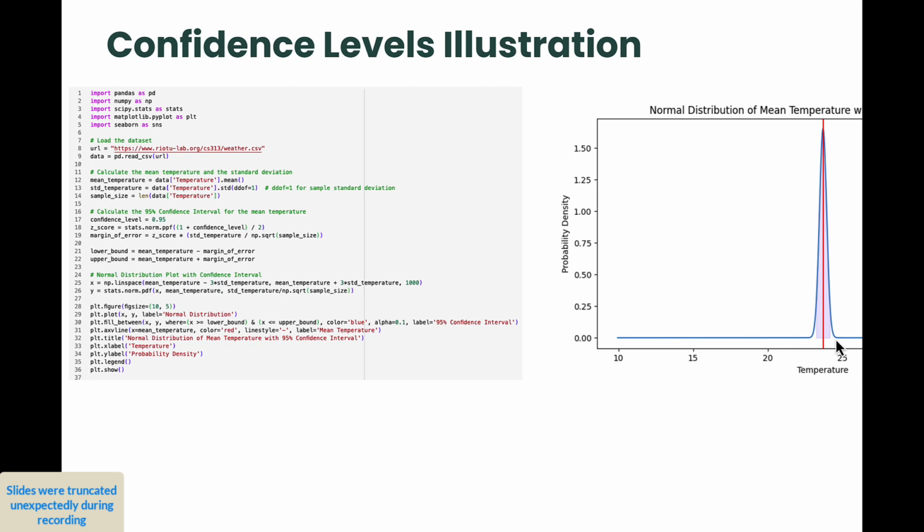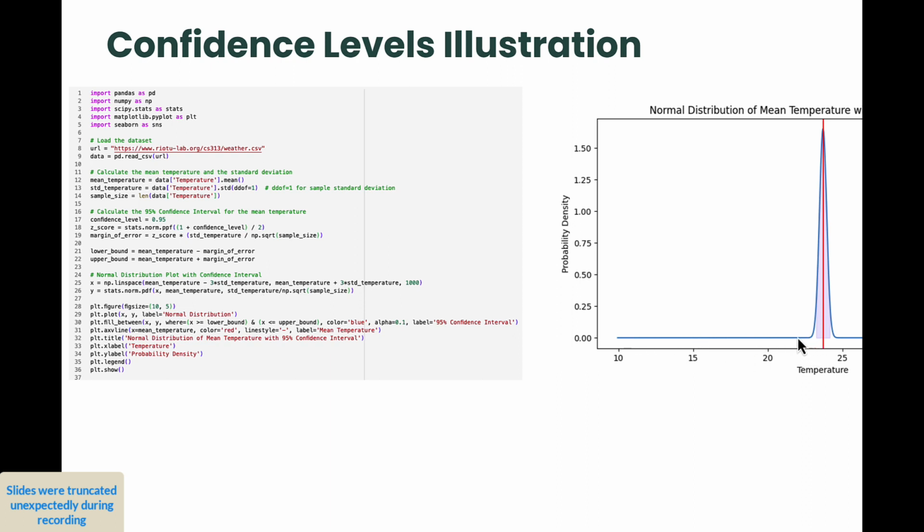And then we plot the distribution of the temperature values using norm.pdf. Take x, which is the value of the temperature, this is the average, and this is the sample standard deviation. And this is what we get.